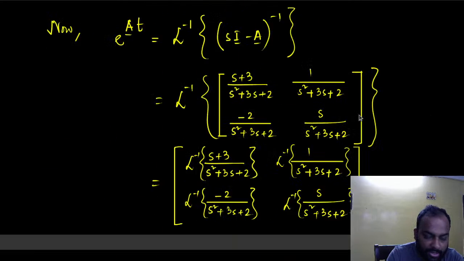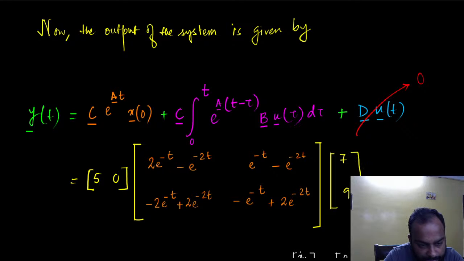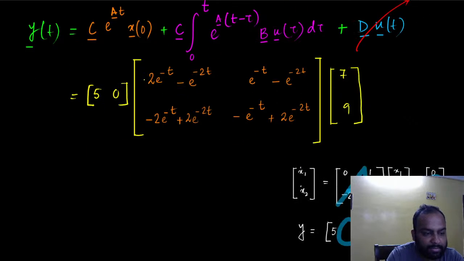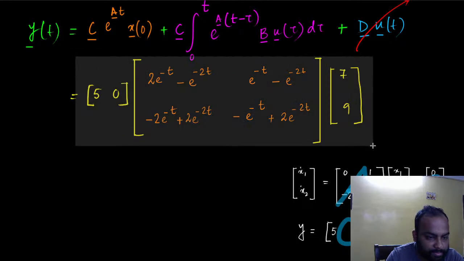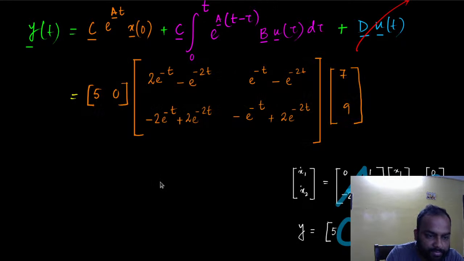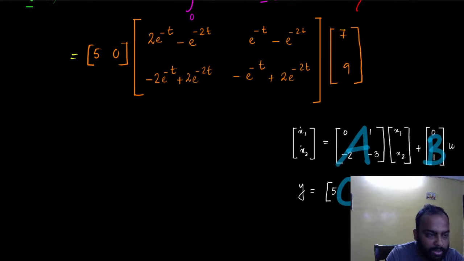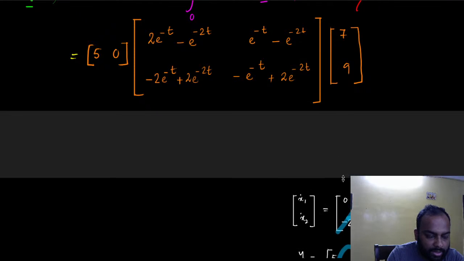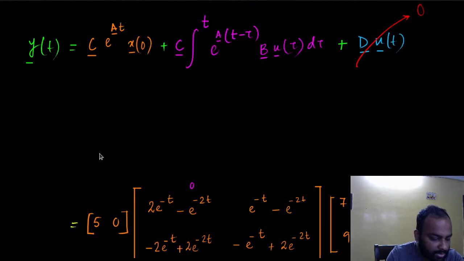Initial condition was 79. So that's the orange part here. That's the natural response part. Okay, and then we have this. Let me just bring it.